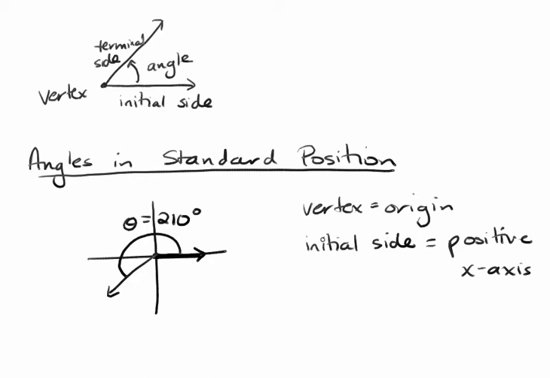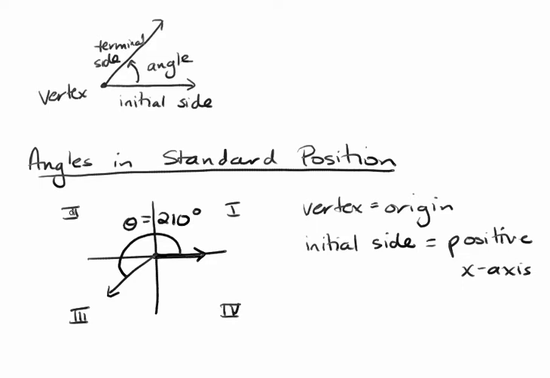So 210 degrees in standard position. I've started at the origin as my vertex. I have my initial side being on the positive x-axis, and then I show my angle going counterclockwise, so in the positive direction over, and it would end up in quadrant 3. Again, this one's quadrant 4, quadrant 1, and quadrant 2.